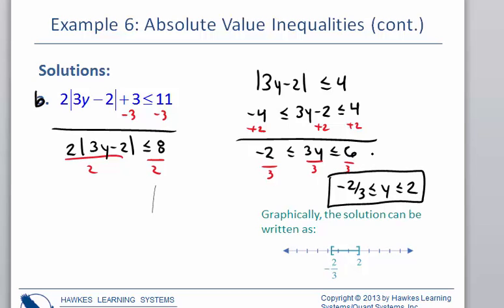If we want a graph, you can see that the graph is done here. We have a bracket on the negative 2/3 and a bracket on the 2 because of the equal signs, and we've shaded in between. If we want to do interval notation, we start with the bracket on the negative 2/3. We end with the bracket on the 2.